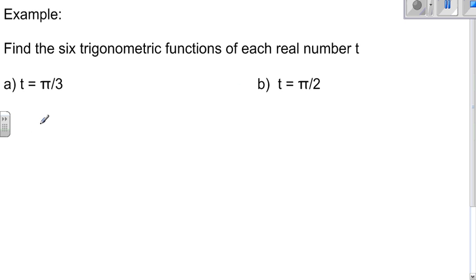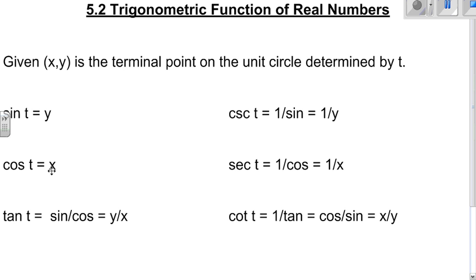So therefore, if you fold down your pointer finger, you'd have 1 and 3, which means we have square root of 1, which is 1, over 2, and square root of 3 over 2. And we know that 1 over 2 is the x-coordinate, which is cosine.